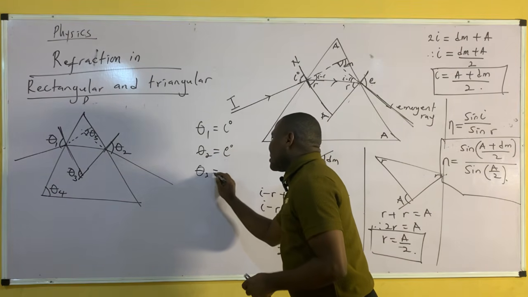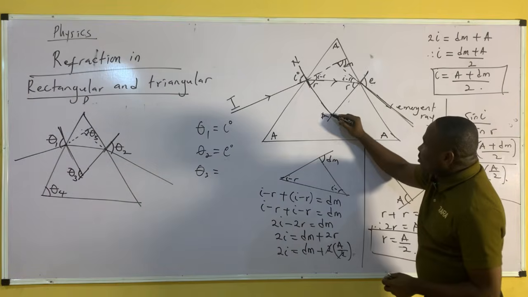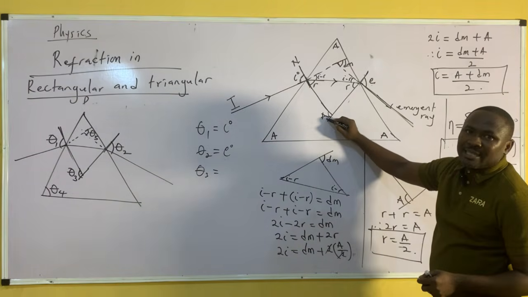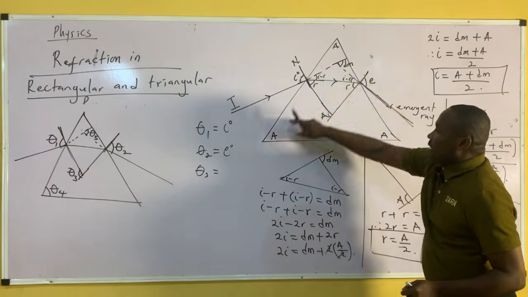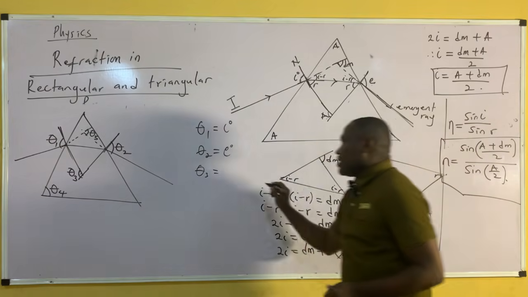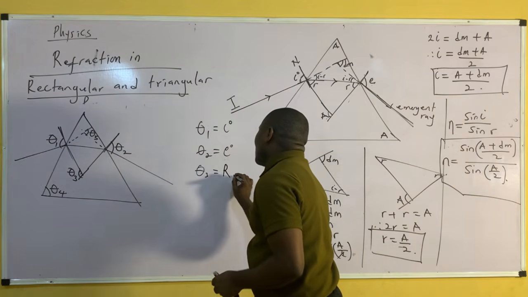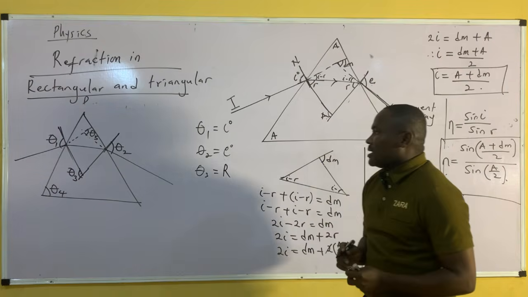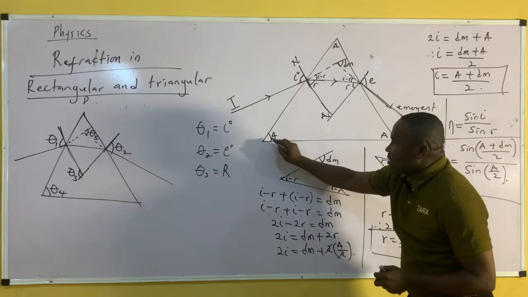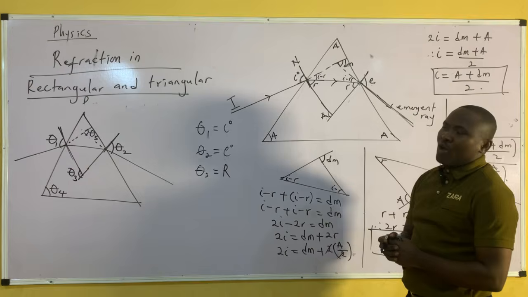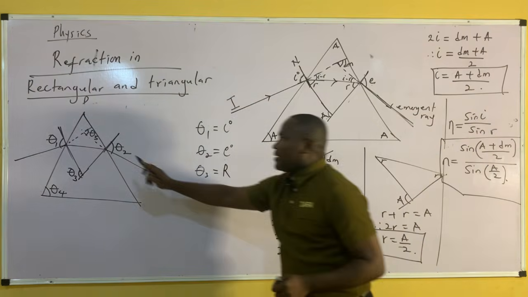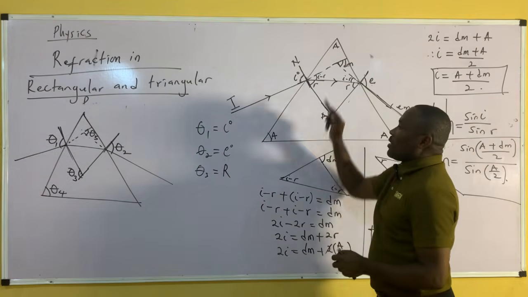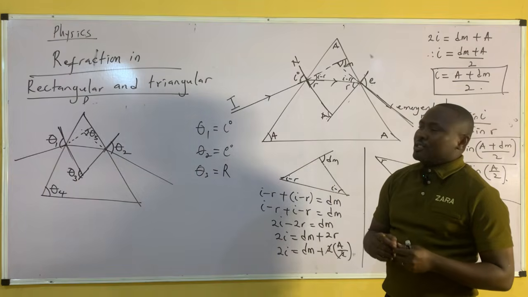What's theta 3? Theta 3 equals the refracting angle of the prism. That's A. Theta 4 is the same thing, the refracting angle of the prism. What about theta 5? Theta 5 is our angle of minimal deviation.